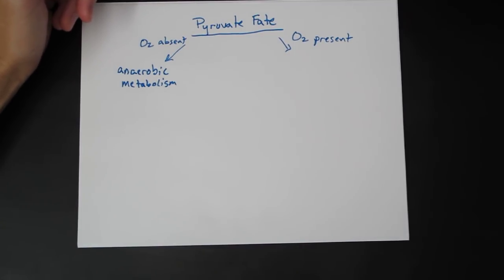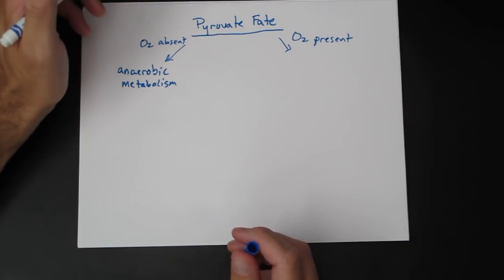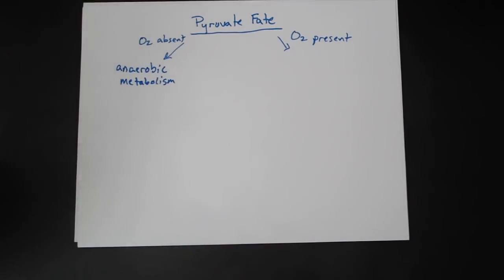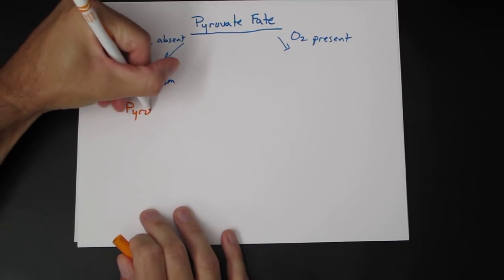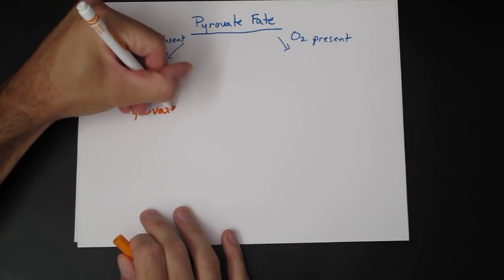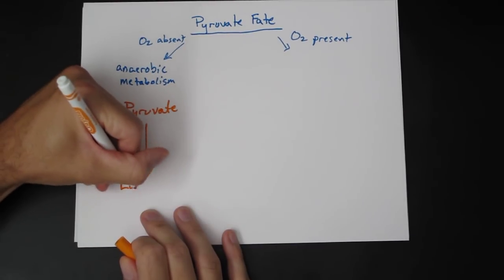When you are exercising very heavily, you very likely are entering anaerobic metabolism. And if that happens, if oxygen is absent, the pyruvate is going to get converted to lactic acid, or lactate.